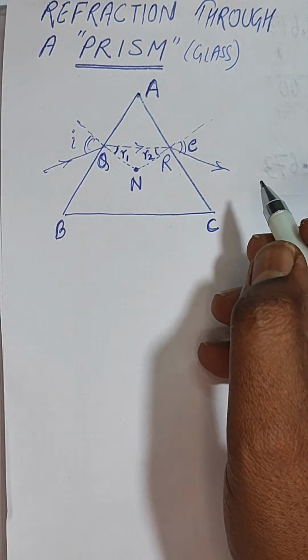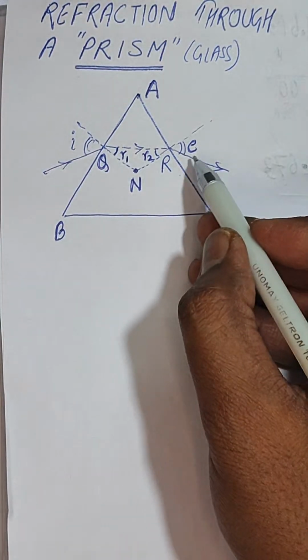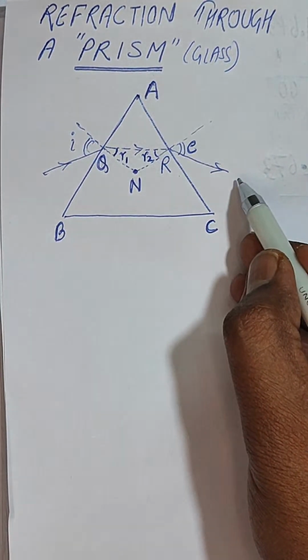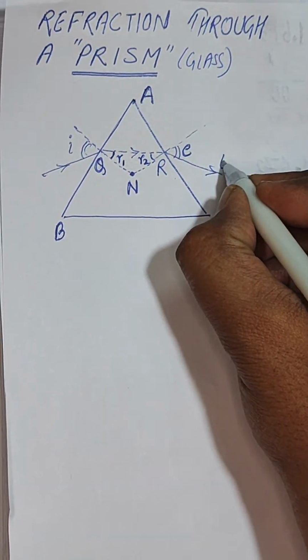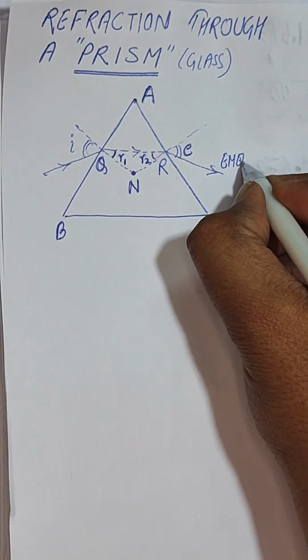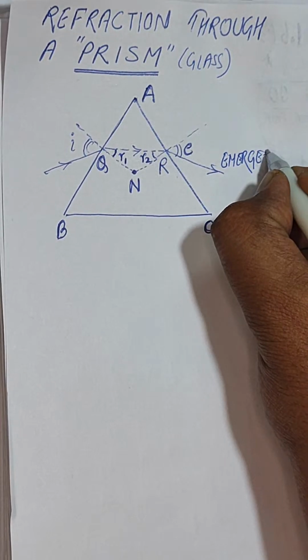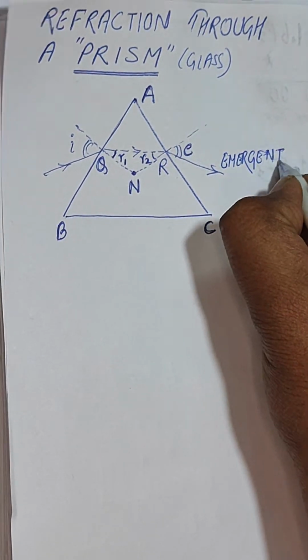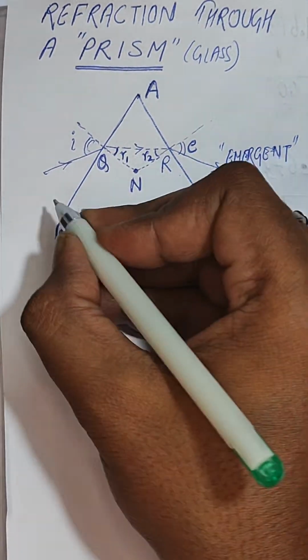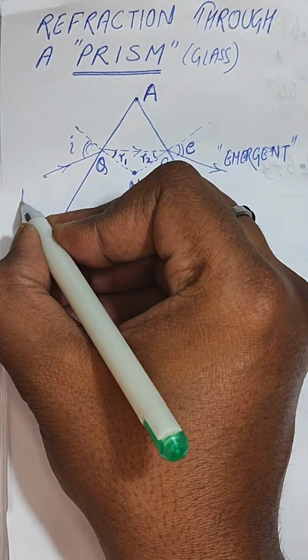Now let us say this is the emergent ray, and this is the incident ray.